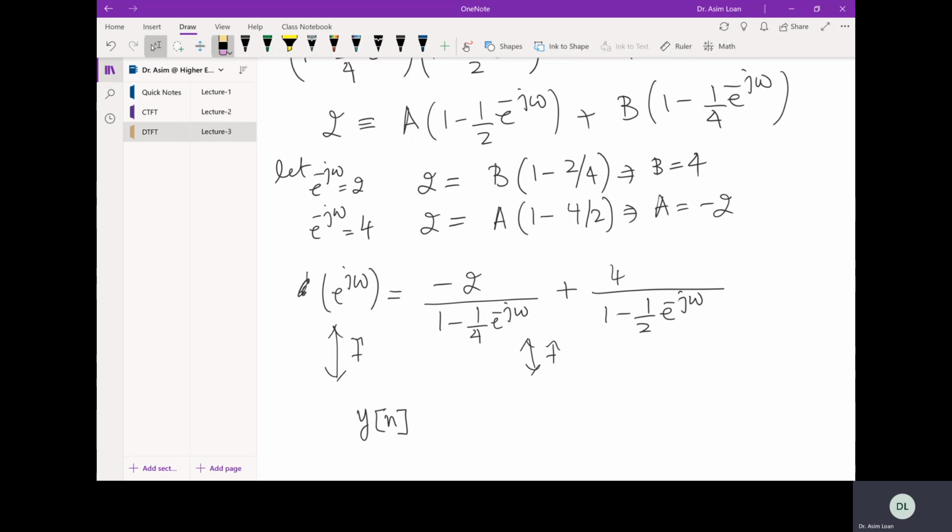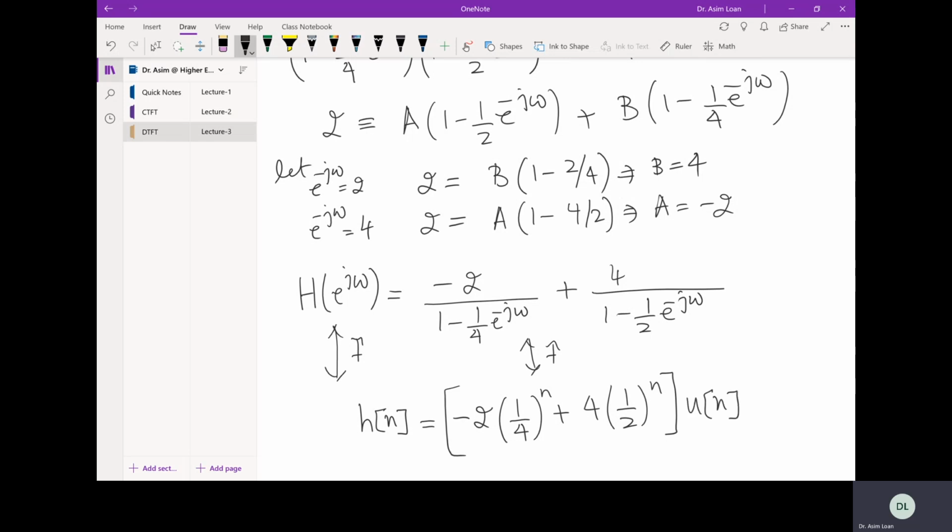So this is h of n. This is equal to minus 2 into 1 over 4 to the n plus 4 into half to the n, u of n.